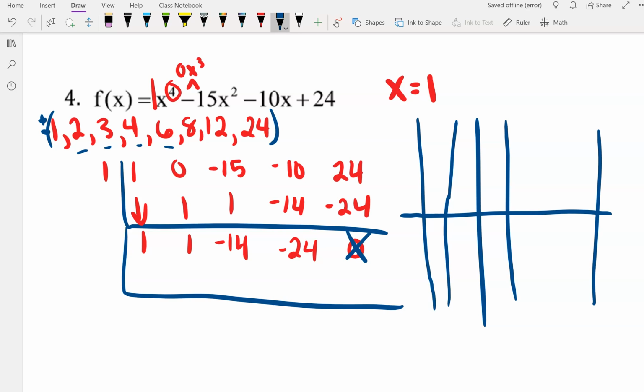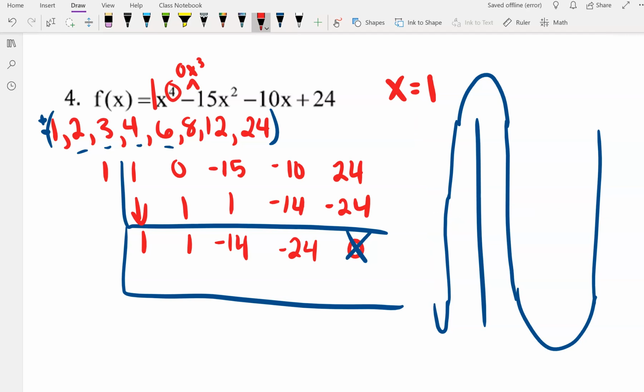So really it should look like this. We're just not seeing where it curves back around. But you can see here that we ended up with four real solutions, which hopefully makes sense since this was fourth degree.